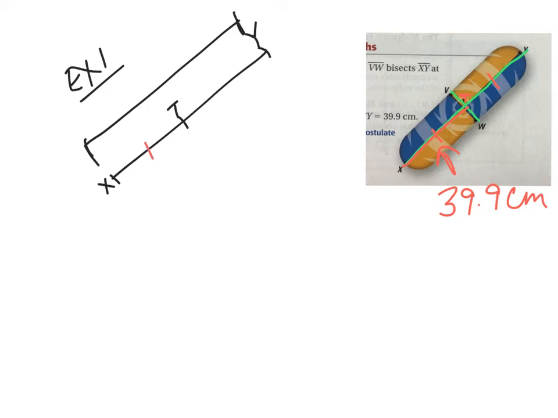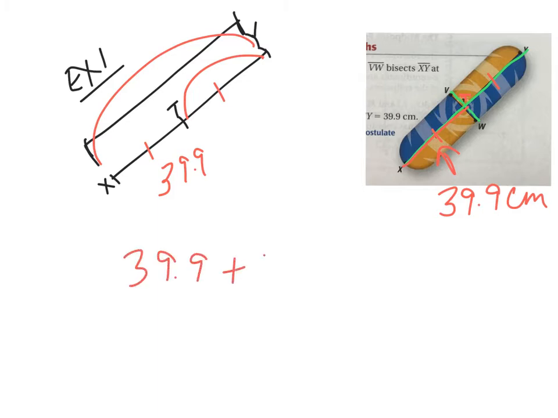Okay, well, we know what this one is, right? 39.9. So does that mean we know what this one is? 39.9. Correct, because they are the exact same measure. So to find the whole thing, I can say 39.9 plus 39.9 equals that XY that we're trying to get to.